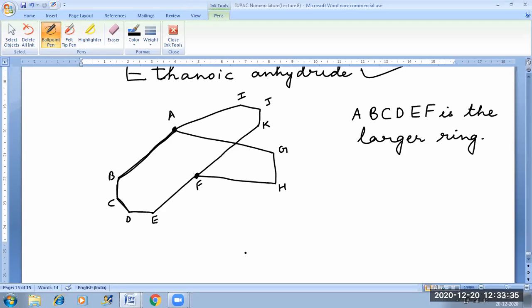Start with the bridgehead carbon atom. Like I started with A, so A is a bridgehead carbon atom.